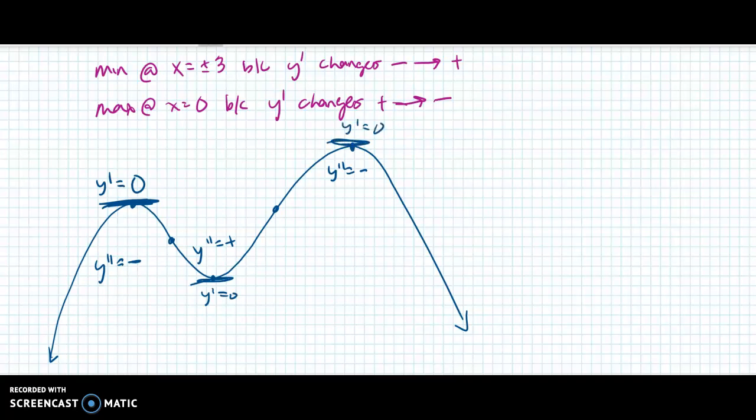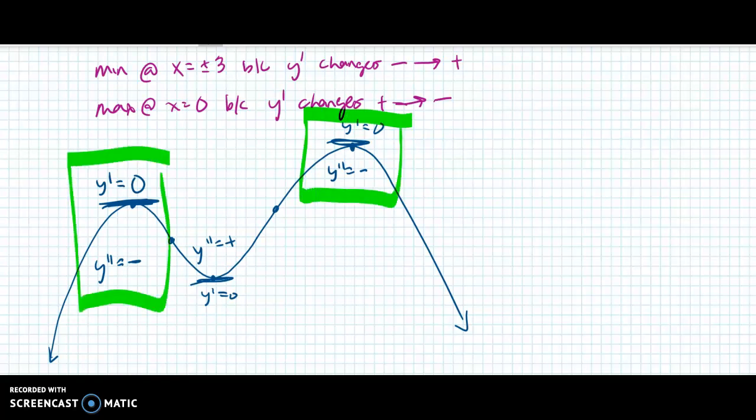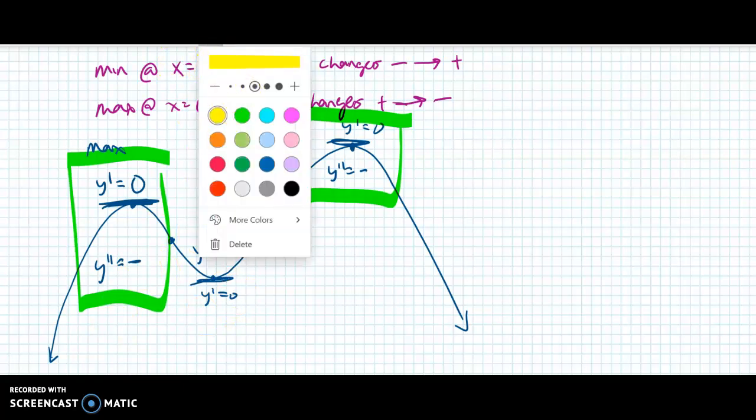What I want you to notice is that this is true here and here. I get my first derivative as 0 and my second derivative as negative. If I have concave down and I have a first derivative of 0, I have to have a max. Come over to the min here. What would I need to have to get the min?